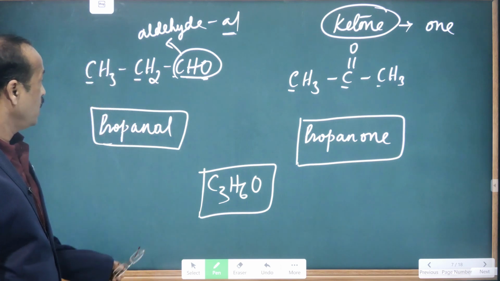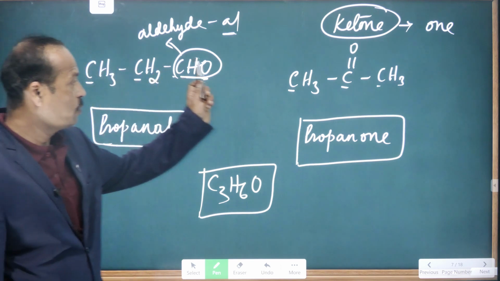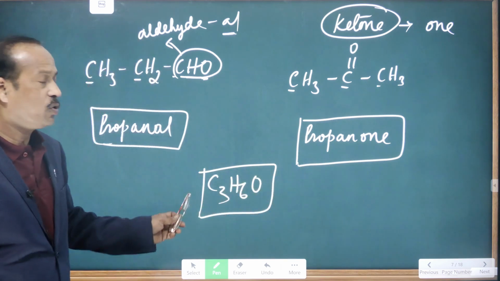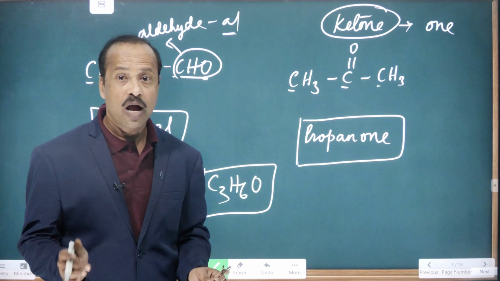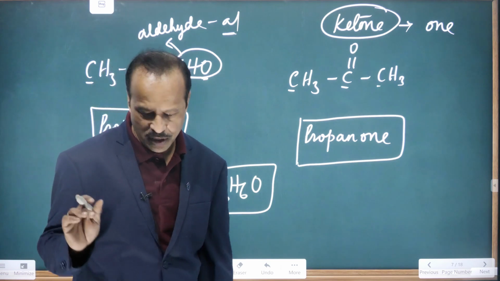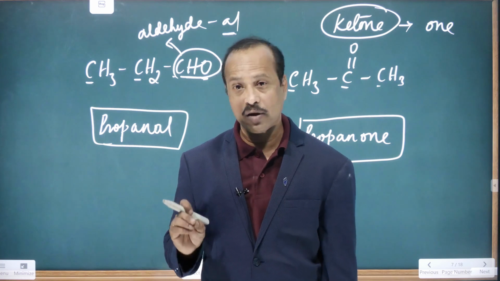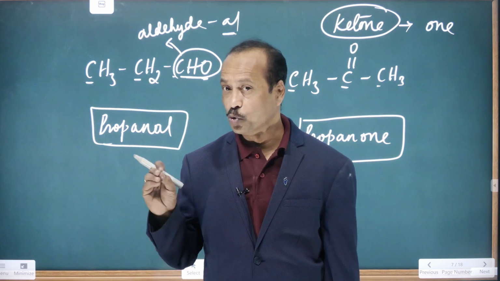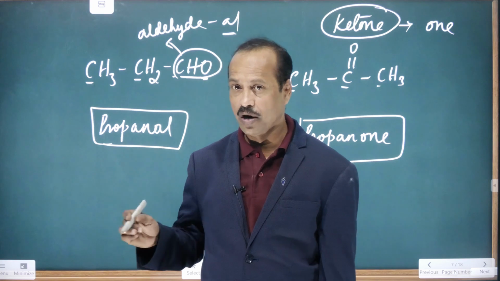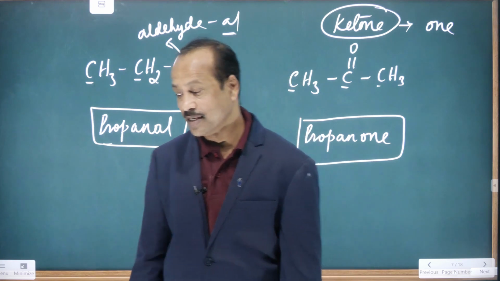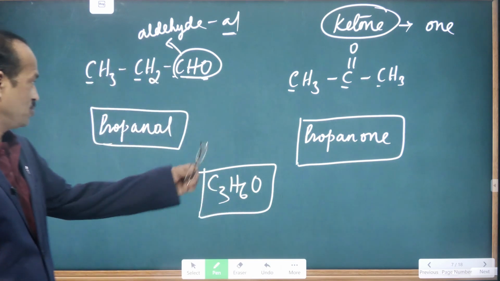But this belongs to the aldehyde group, and this belongs to the ketone functional group. So both have different functional groups. Compounds having the same molecular formula but belonging to different functional groups are called functional isomers, and the phenomenon is called functional isomerism. So this is the third one, functional isomerism.